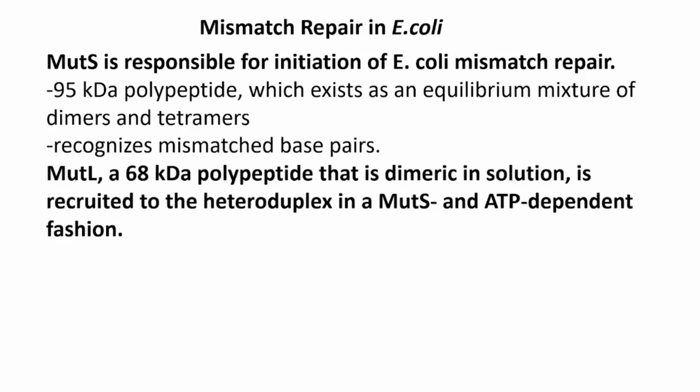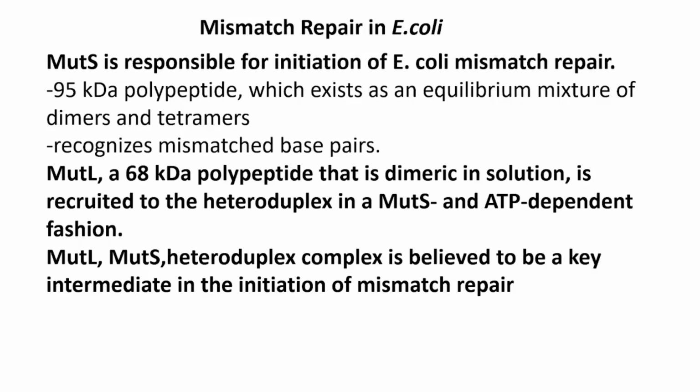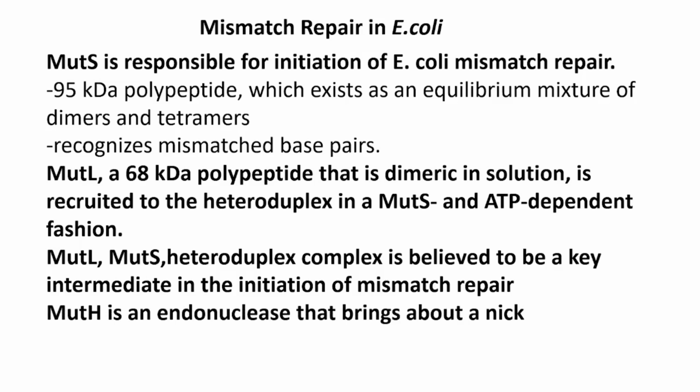MutL, a 68 kilodalton polypeptide that is dimeric in solution, is recruited to the heteroduplex in a MutS and ATP dependent fashion. The MutS-MutL heterocomplex is believed to be a key intermediate in the initiation of the mismatch repair. MutH is the endonuclease that brings about the nick.